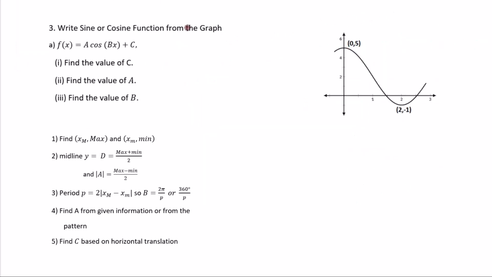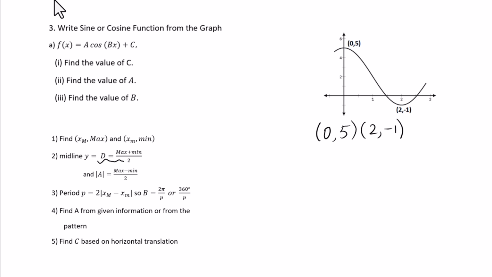Question 3. Write a sine or cosine function from the graph. A, f of x equals a cosine bx plus c. We are given the coordinates for the maximum point and minimum point: (0, 5) and (2, -1).